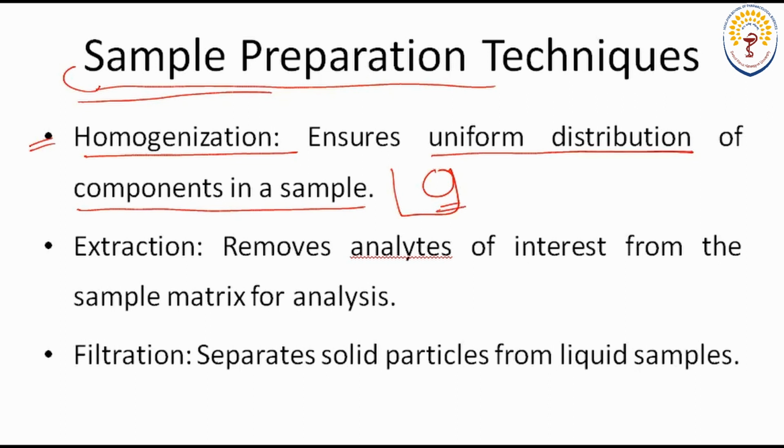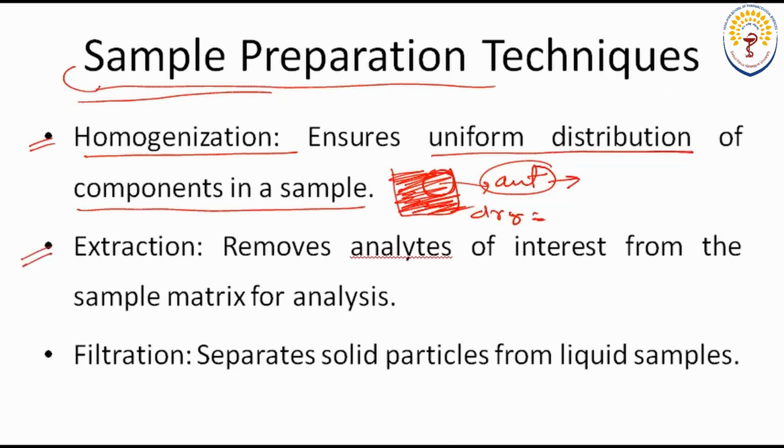For example, there is a powder containing a drug, and you want to know the amount of the drug in that powder. You will first homogenize it, mix the powder properly, so that the whole drug is distributed uniformly in the powder, and then you take a small amount of it. Only in that way will this small amount represent the whole sample.